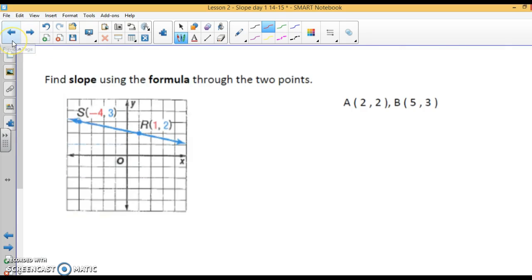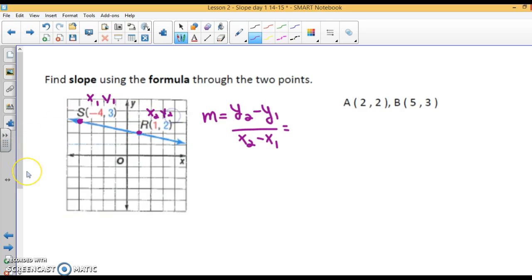So, if we are given 2 points, this point right here is the point negative 4, 3, and this point right here is 1, 2. Let's do our slope formula. Y sub 2 minus y sub 1 over x sub 2 minus x sub 1. So, label your points. I'm going to call this one the first point, x sub 1, y sub 1, and this one the second point.